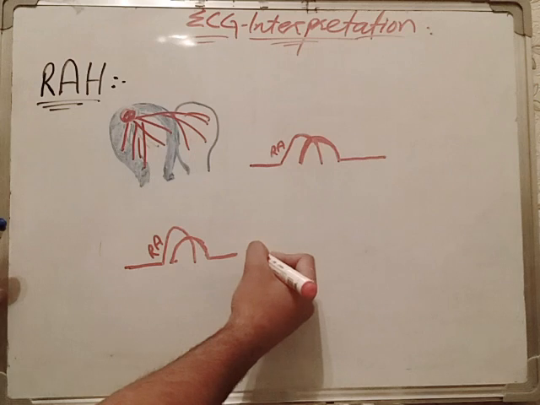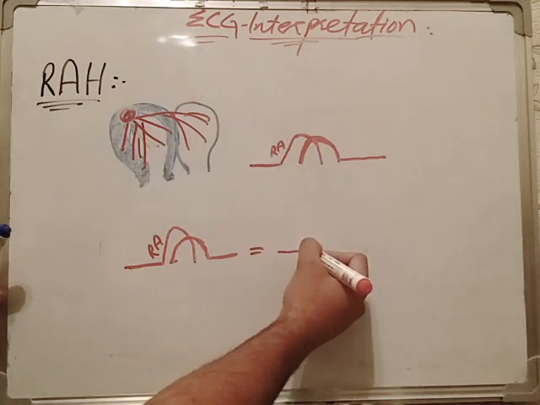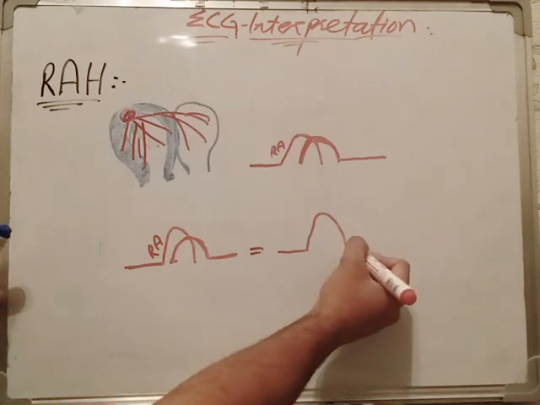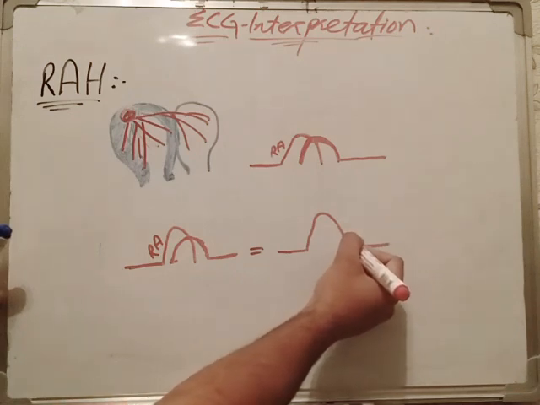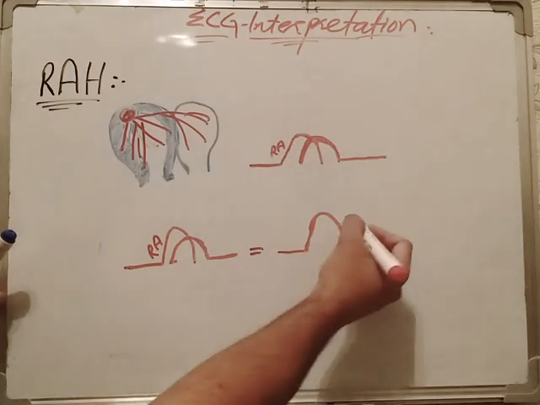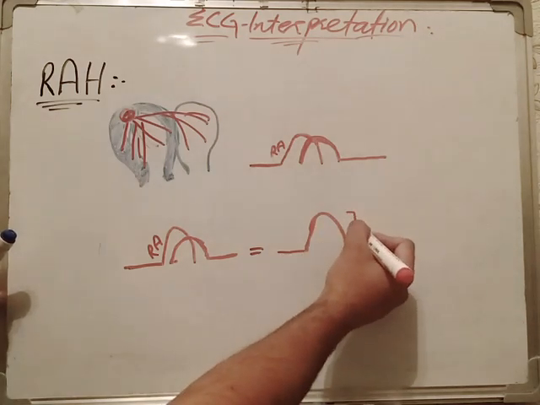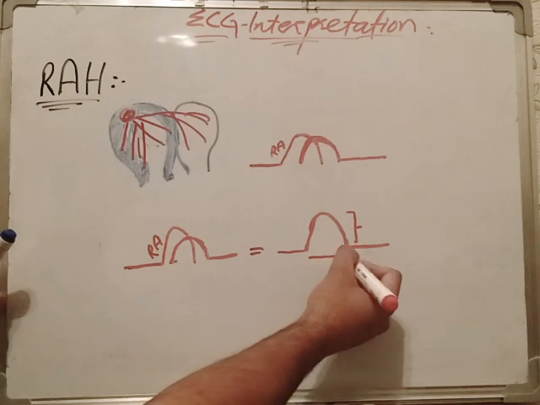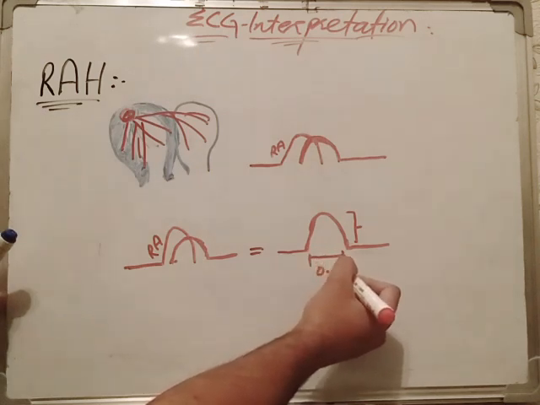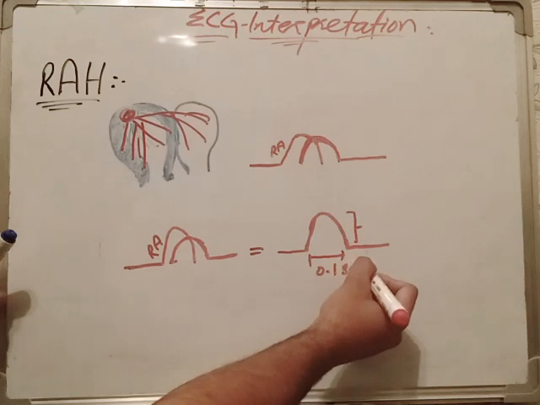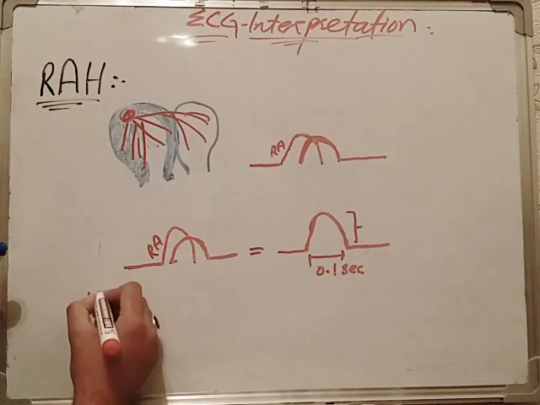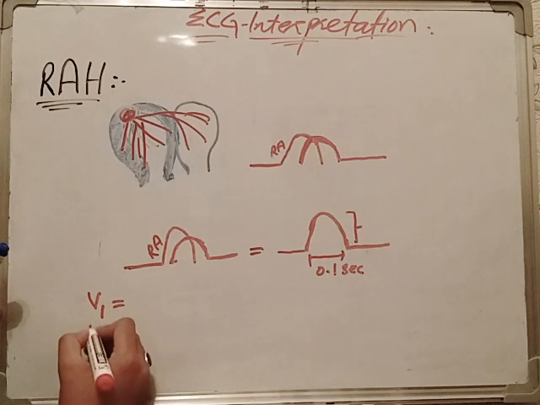So the new wave will be like this. Its amplitude increases, but the time stays the same, that is 0.1 second. This amplitude we can see in lead V1 and lead V2.